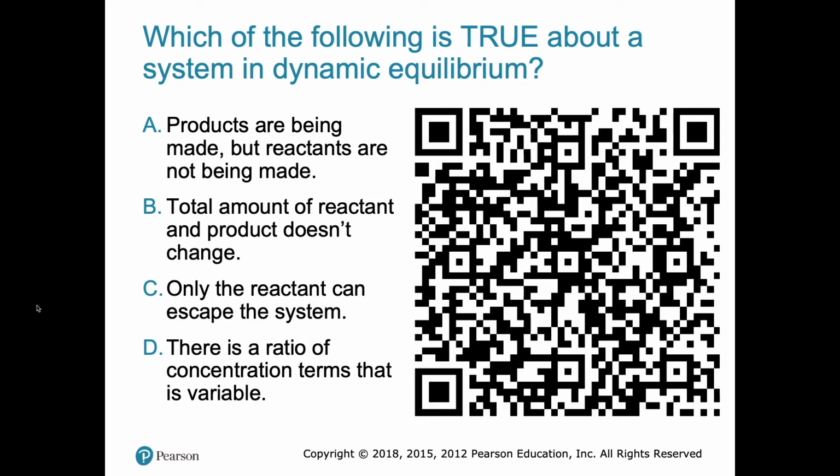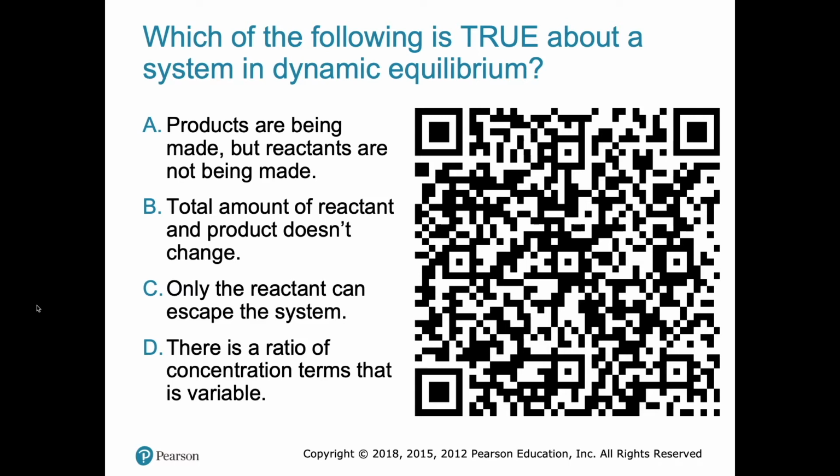Okay, the first one says products are being made, but reactants are not being made. Why is that false? Exactly. Reactants are being made during the reaction equilibrium. Only the reactant can escape the system. Why is that false?